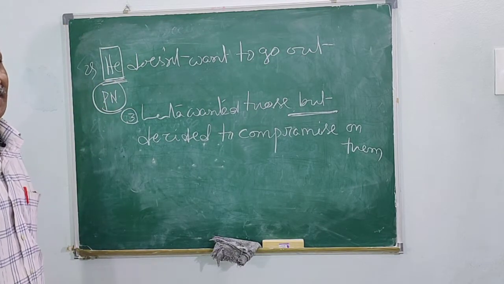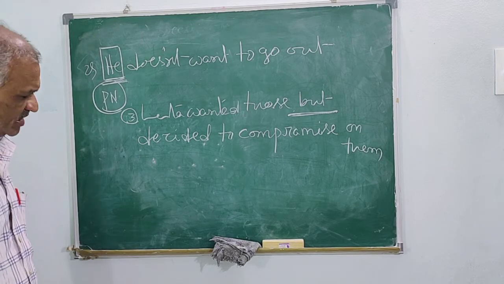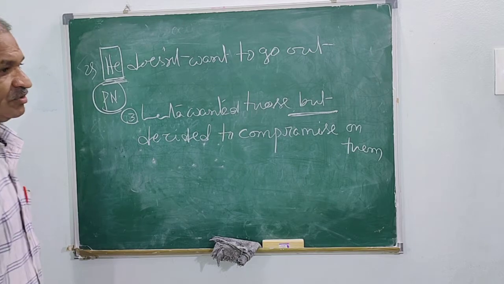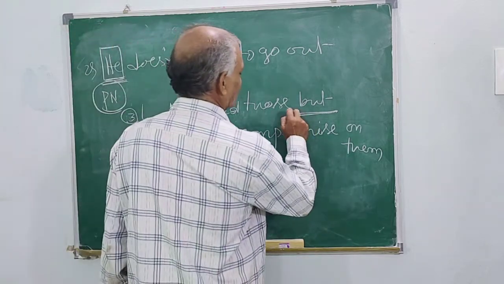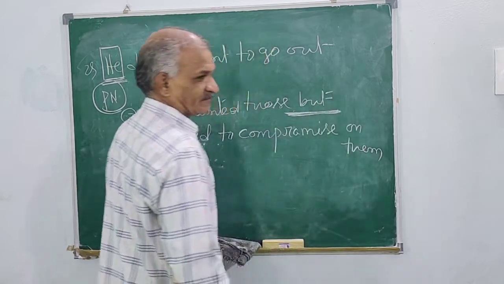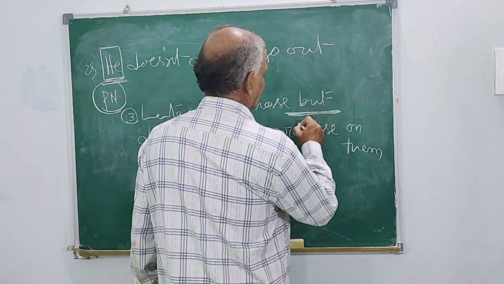Lata wanted those, but decided to compromise on them. So here my underlined part is this one. This but, what is but?